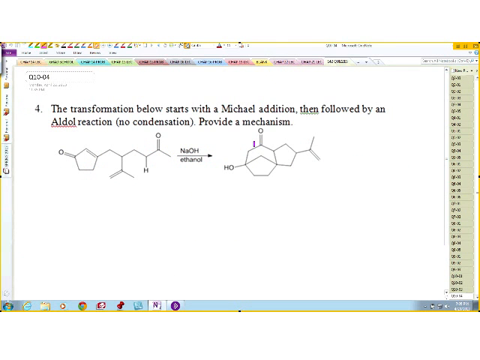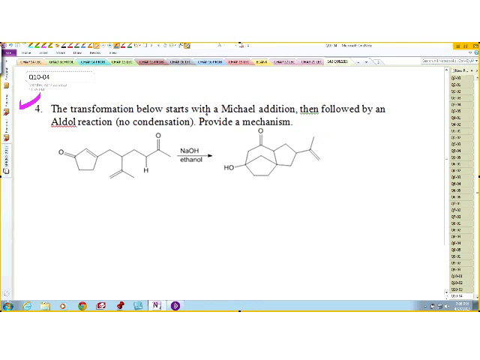Okay, this here, let's see. Okay, Ines, go ahead and read this first. The transformation below starts with a Michael addition, then followed by an Aldol reaction, without the condensation. Okay, thank you. Now, this problem here is a mechanistic problem.